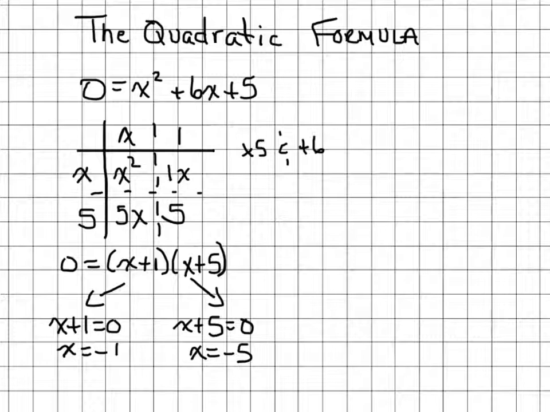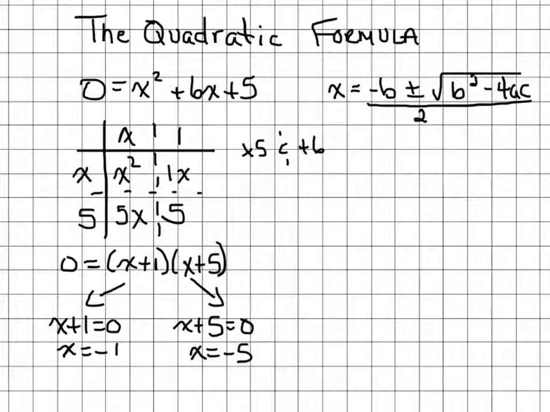So the quadratic formula looks like this: x equals minus b plus or minus the square root of b squared minus 4ac, all divided by 2a.